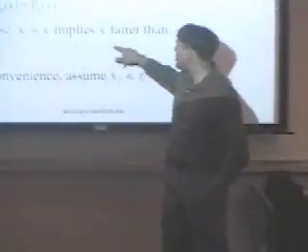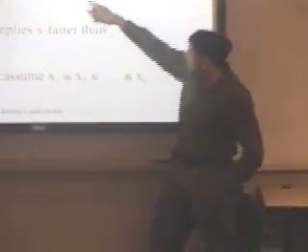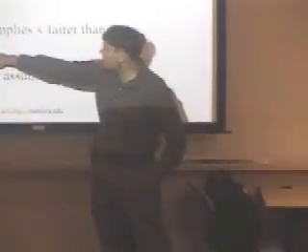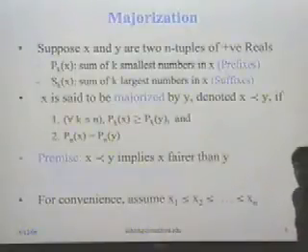What context did we look at this in? Lorenz was looking at fairness, and Hardy, Littlewood, and Polya were looking at inequalities. This whole prefixing was proposed by Lorenz as a measure of fairness, and in economics these are called Lorenz indicators or something like that. But Hardy, Littlewood, and Polya didn't like applications.